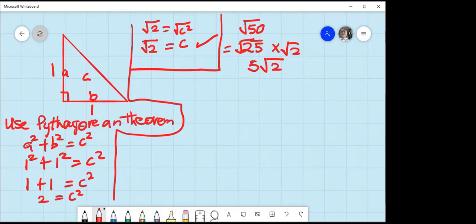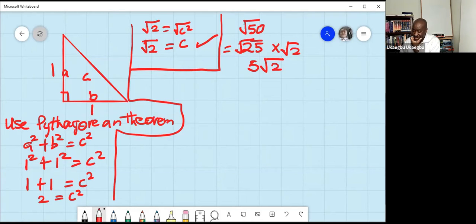So this is our first example, right? This is going to be our second example. So label it appropriately. So now here's a third example. How about if we have something like this?